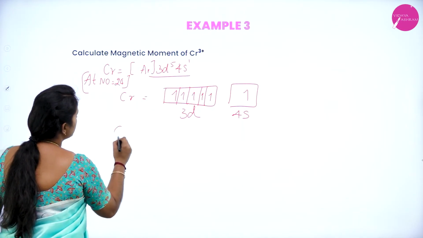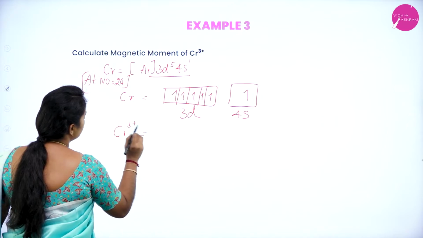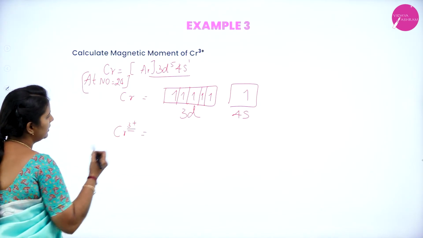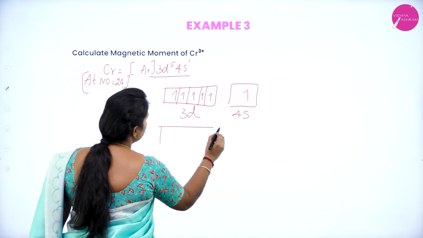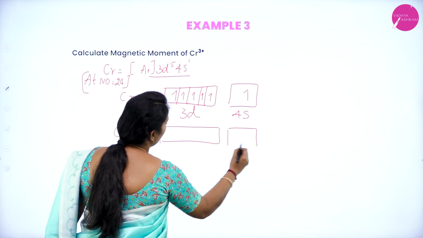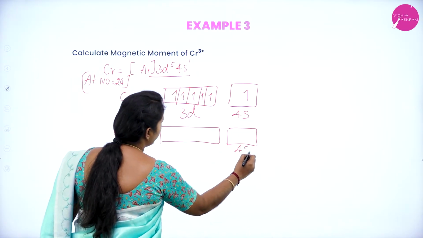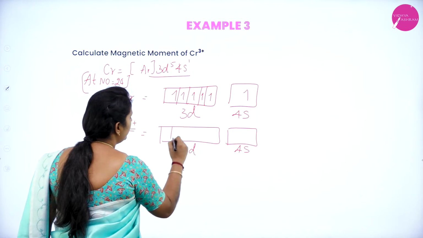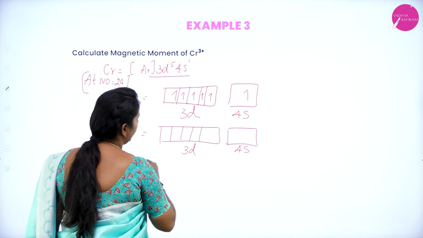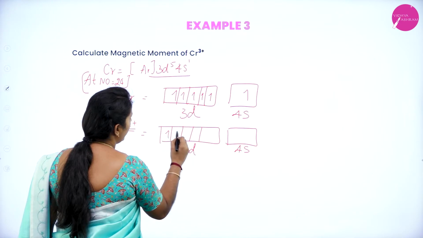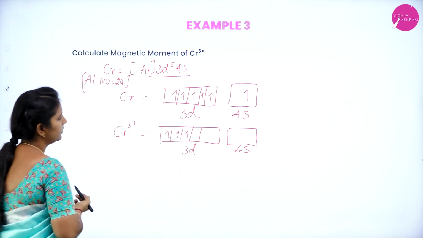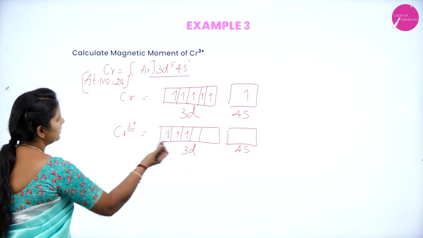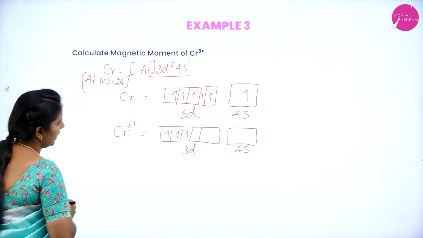If I talk about Cr3+, we have to remove 3 electrons. First, I will remove 1 electron from the 4s and 2 electrons from the 3d. So, the remaining electrons will be 1, 2 and 3, because I have removed the 3 electrons. Now, how to calculate the magnetic moment?